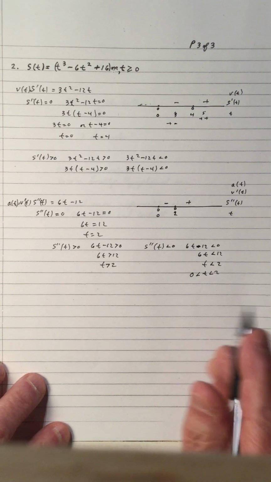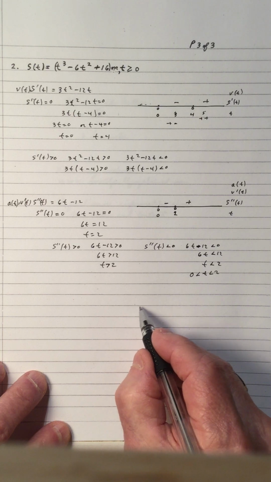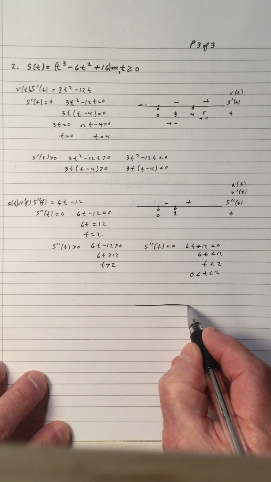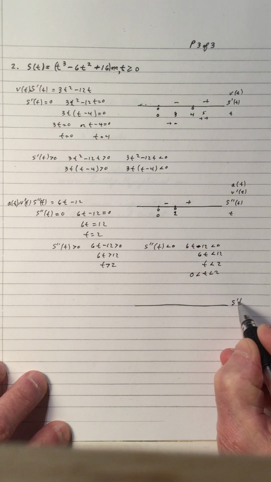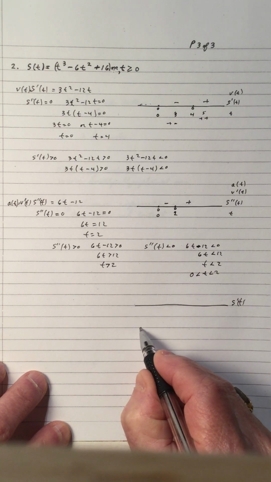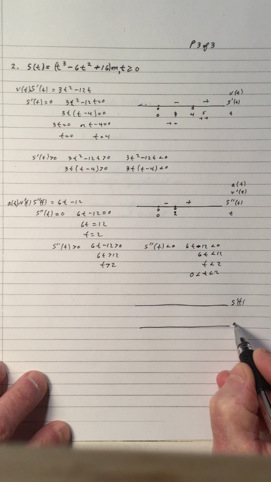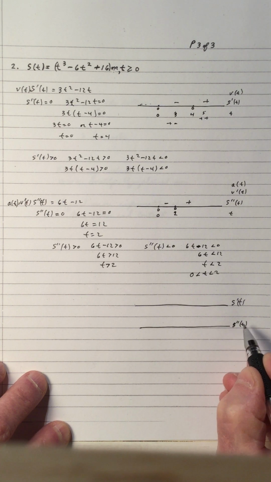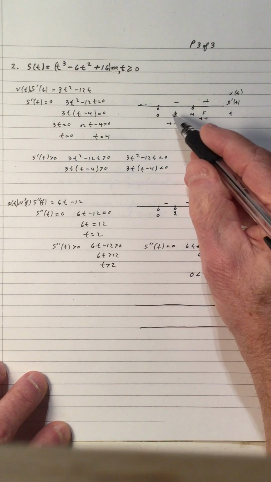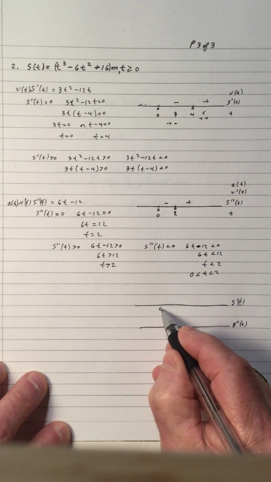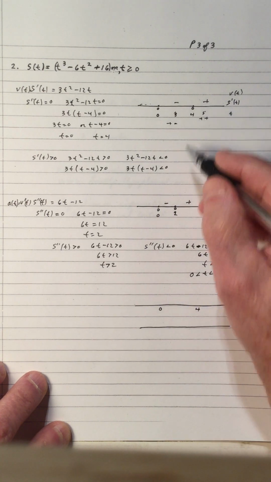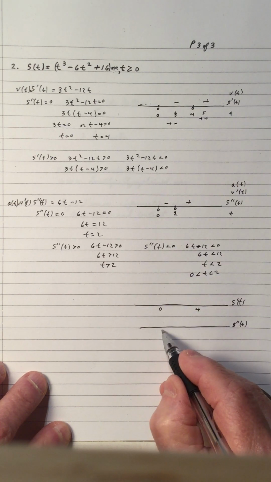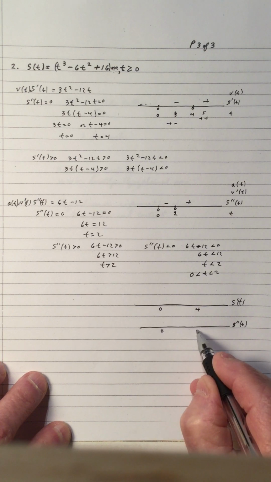So again, what I'm going to do is take the two of these and compare them. We've got the velocity, and we have the s double prime, which is the acceleration. Up here we got a 0 and a 4, and right here we got a 0 and a 2.